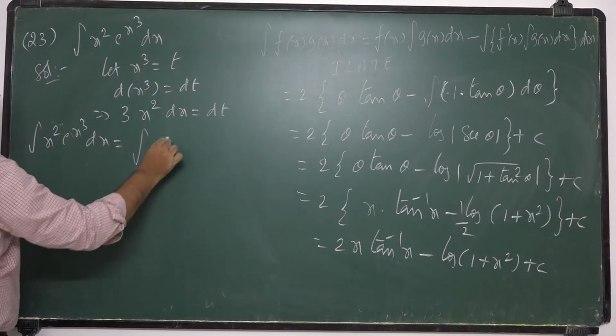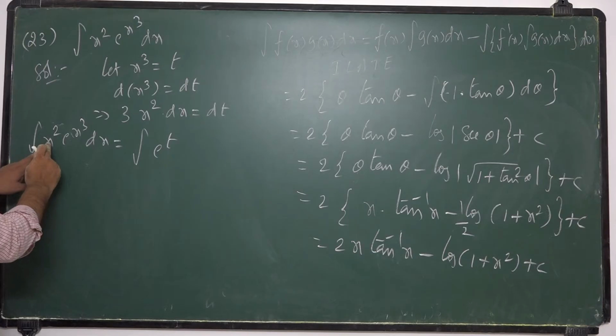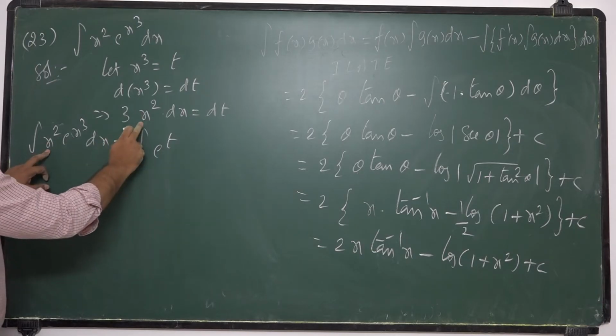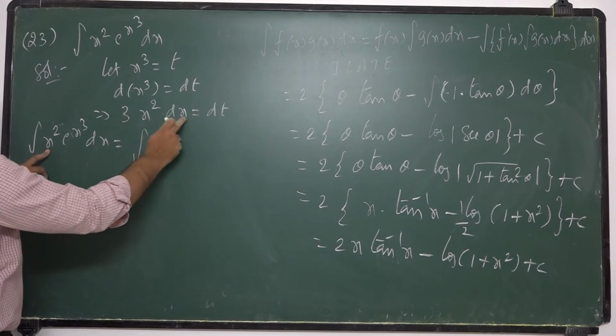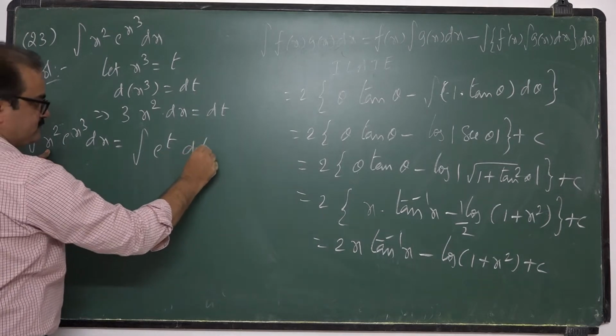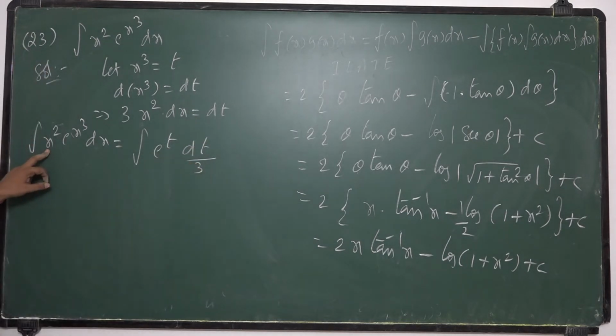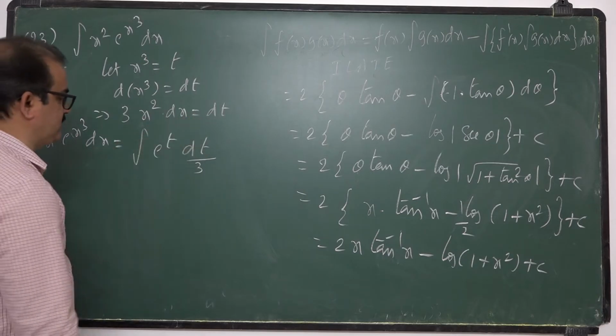Here x square into dx is dt by 3. You put x cube is equal to t here, it becomes e power t, and x square into dx is dt by 3.